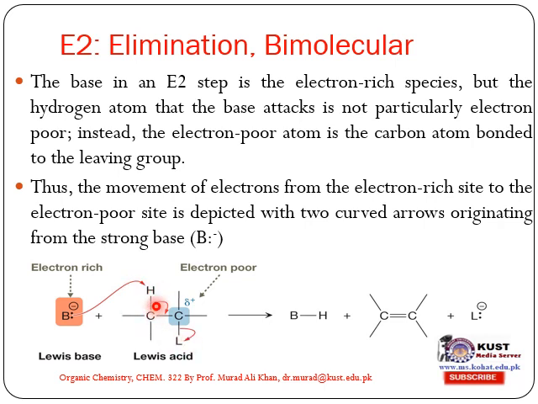The electrons of the C-H bond migrate to this carbon, and the leaving group leaves the molecule along with the electrons. These are the curved arrows and this is the resultant molecule, and at the end we have a neutral base, the carbon-carbon pi bond, and the electron-rich leaving group.